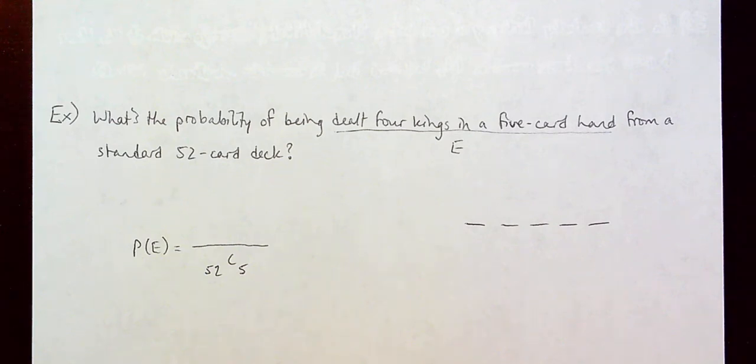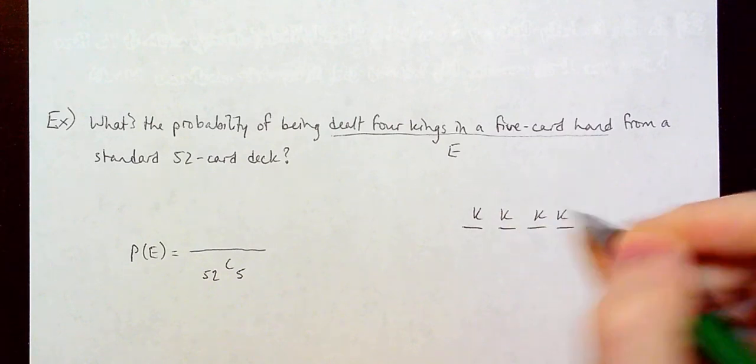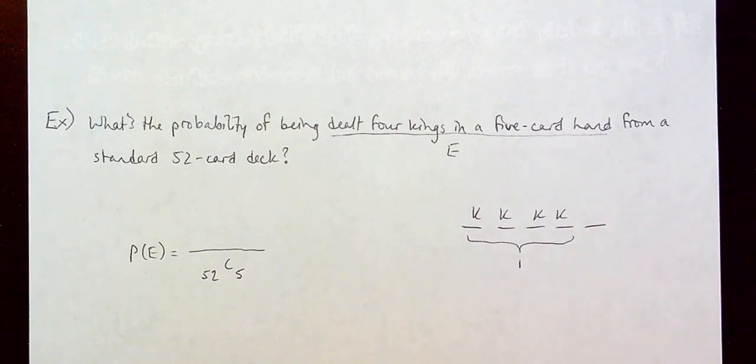So basically, we're being dealt all the kings. There's only one way that can happen.